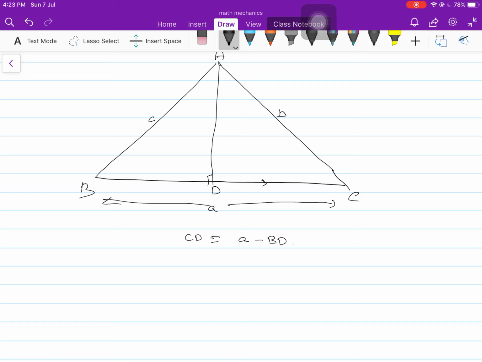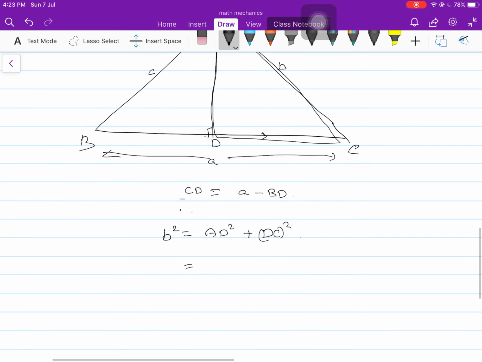Now I'll use this CD. Apply a Pythagoras theorem for this right angle triangle ACD. So B square is equal to AD square plus DC square or CD square. Okay, let this be as it is.